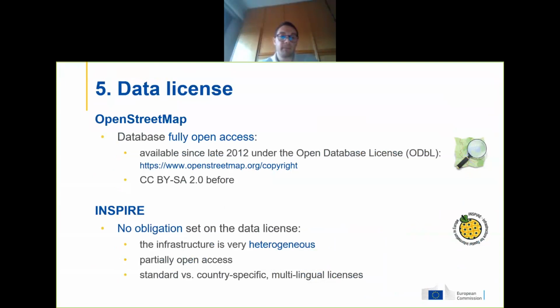Before it was a Creative Commons attribution share-alike license. This move had a big discussion in the community, but in any case, the openness of the database is really an issue. And I saw also some questions on the chat.